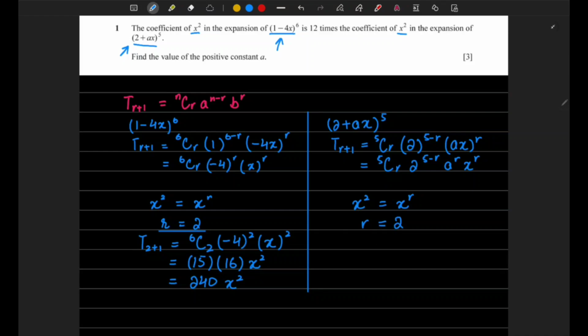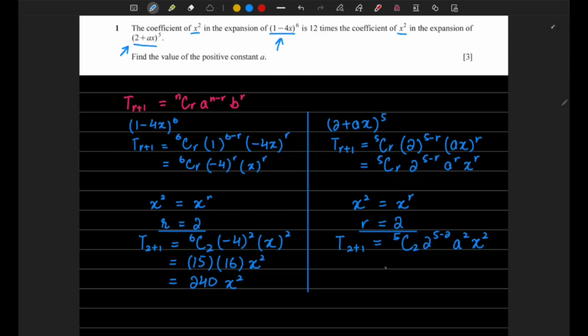Again, the same thing. Now putting this r value back in the above equation, T(2 plus 1) equals 5C2 times 2 to the power 5 minus 2, a to the power 2, and x to the power 2.